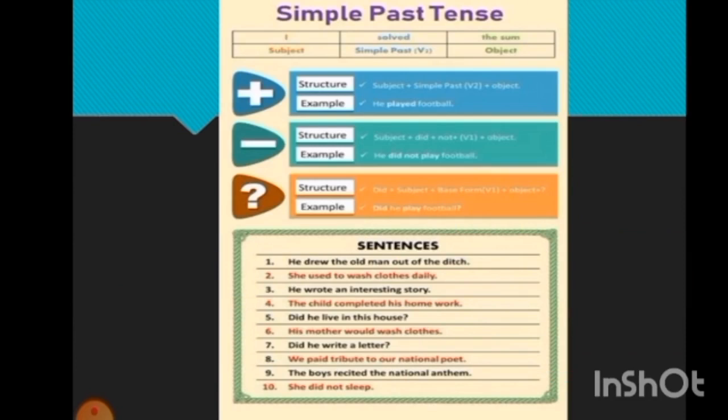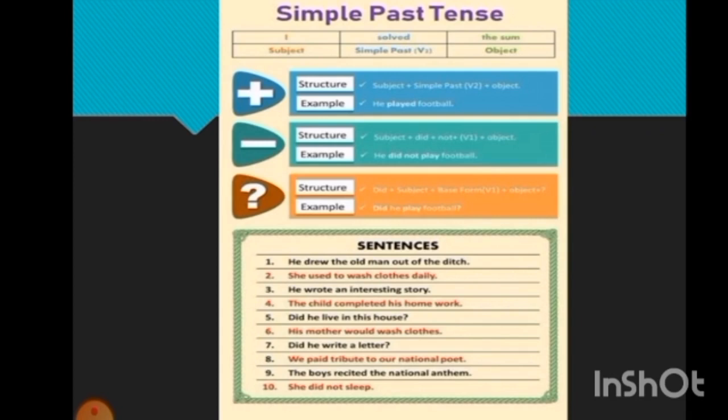Again, the formula is in front of your screen, showing how you will make the structure of the simple past tense: subject plus the simple past, the second form of the verb, and then the object. For example, he played football. In the negative sentence: subject plus did not and the first form of the verb and object.